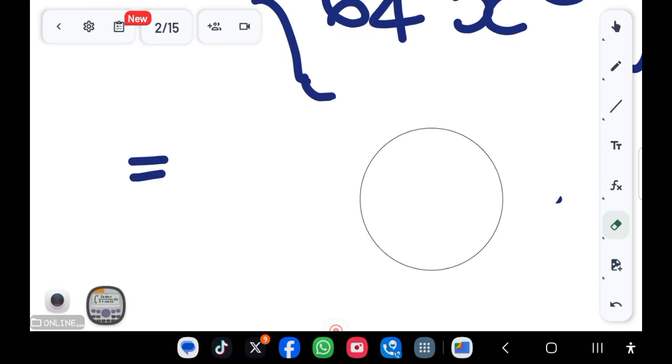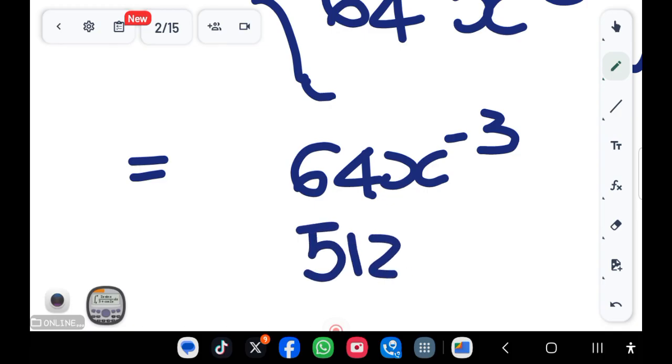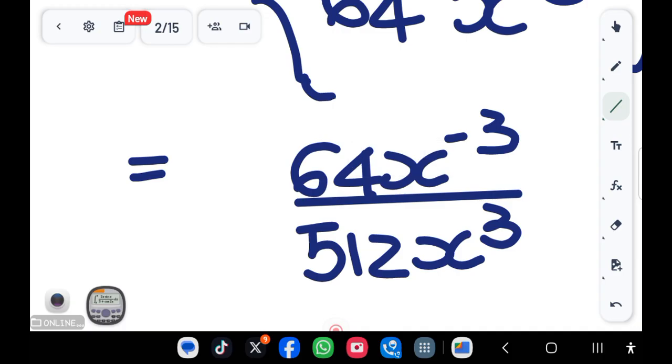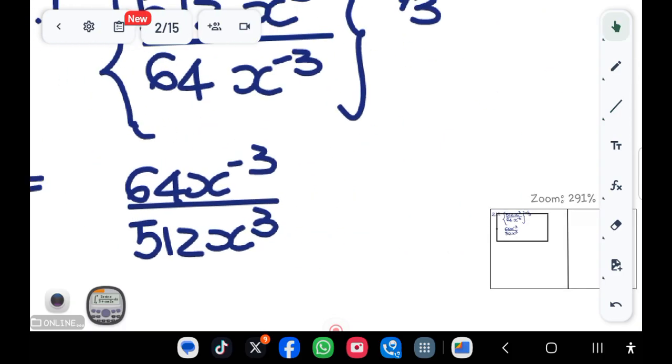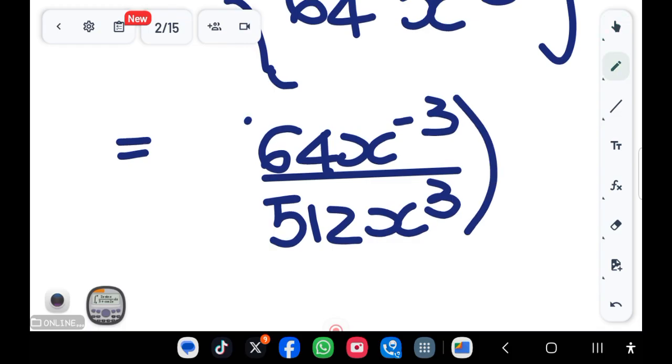It will be 64x to the power of negative 3 over 512x to the power of 3. We flip that upside down and it will give us a positive exponent.